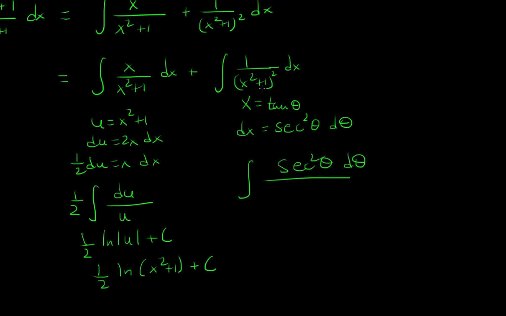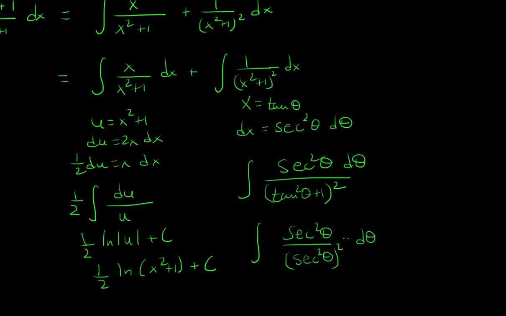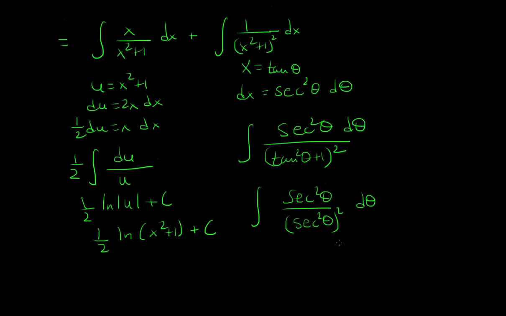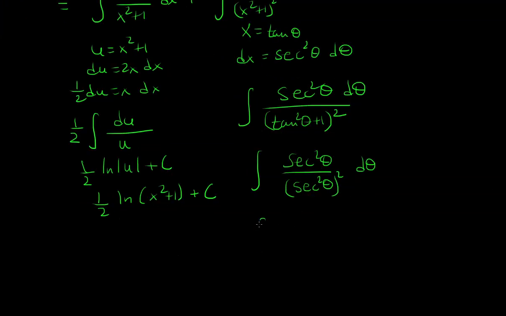In the denominator, we have x squared plus 1, which is just tangent squared plus 1, and then the whole thing squared. Tangent squared plus 1 is secant squared, and then we're going to square that. So secant squared over secant squared squared gives me 1 over secant squared, which I can rewrite as cosine squared.